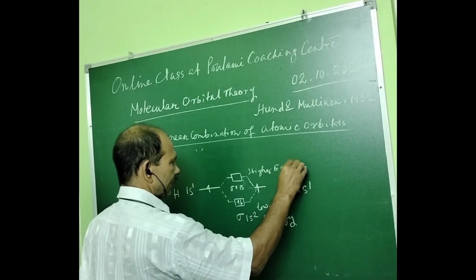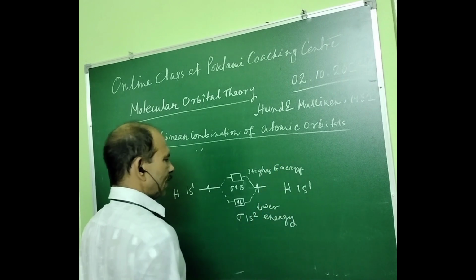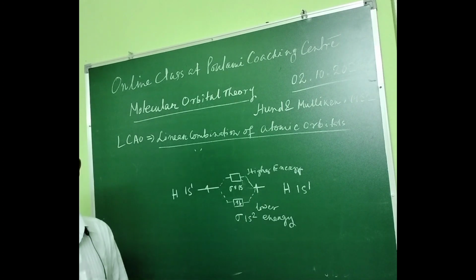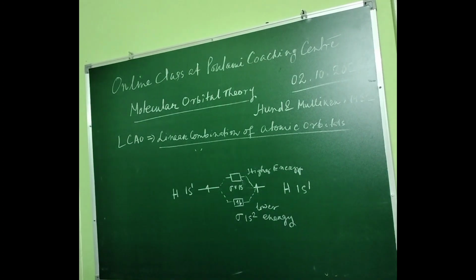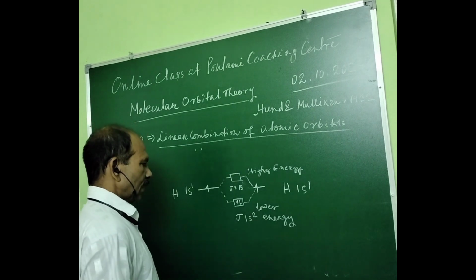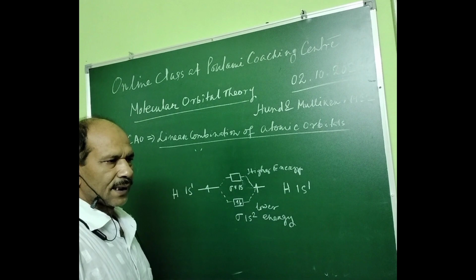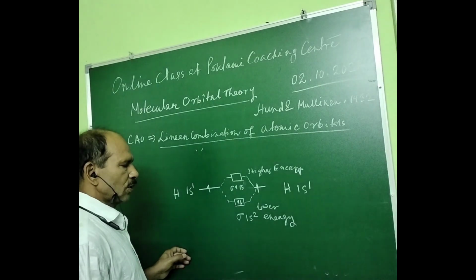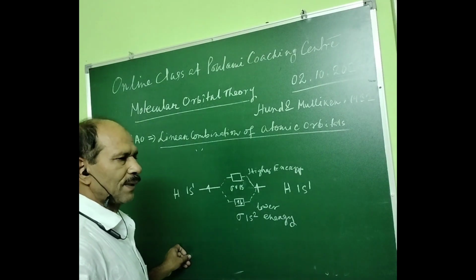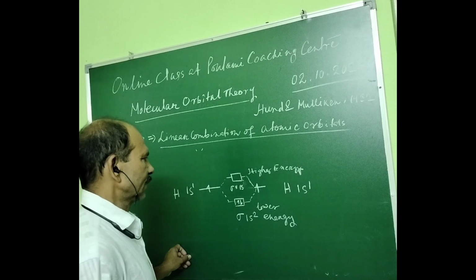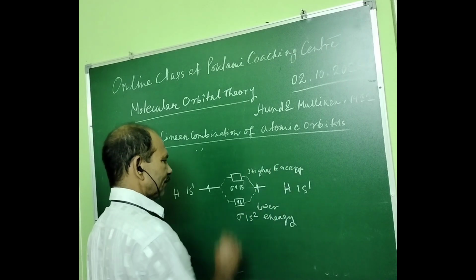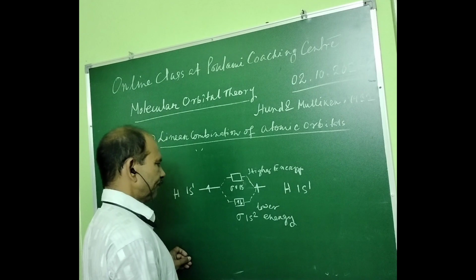Why? As we said earlier, in the bonding molecular orbital the wave functions are added, but in the antibonding molecular orbital they are subtracted. When wave functions are added, the energy is lower, and when they are subtracted, the energy is higher.